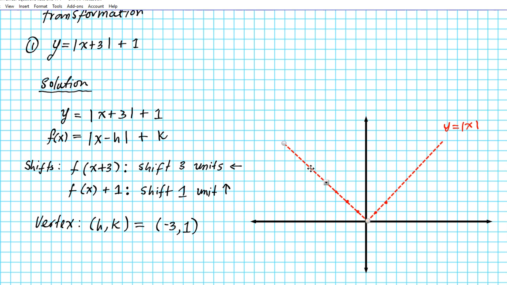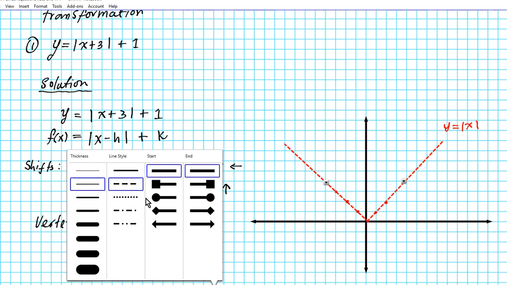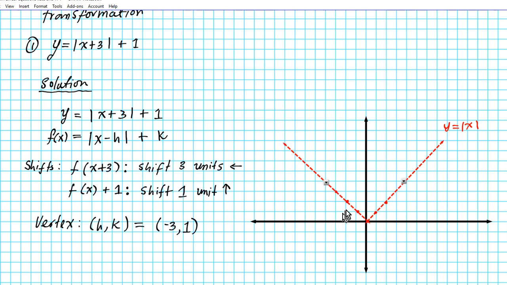Now we're going to carry out a transformation on this function right here. Let me show you what it is going to look like. So what we're going to do is shift this function 3 units to the left, and then shift it 1 unit up. Okay, so it's going to look like this.